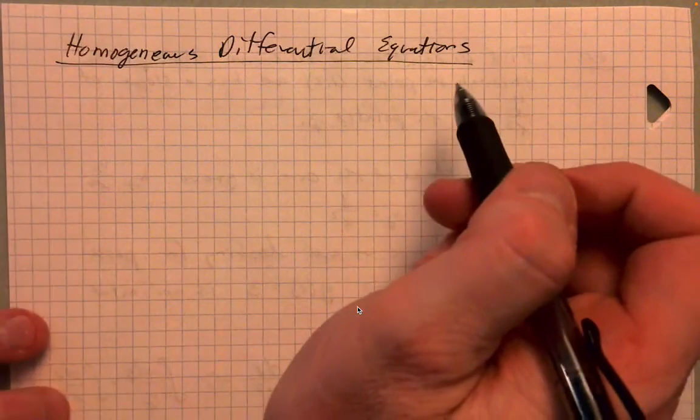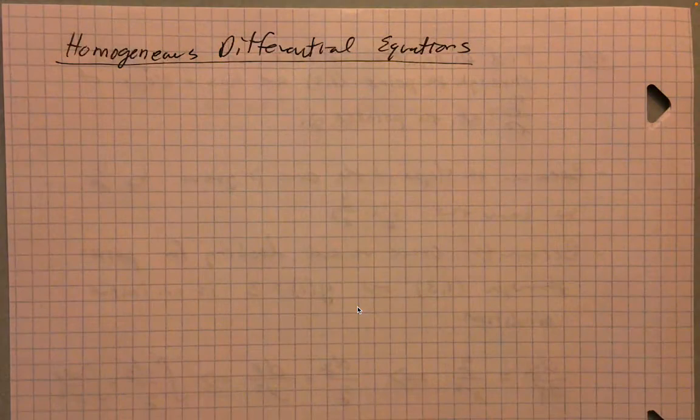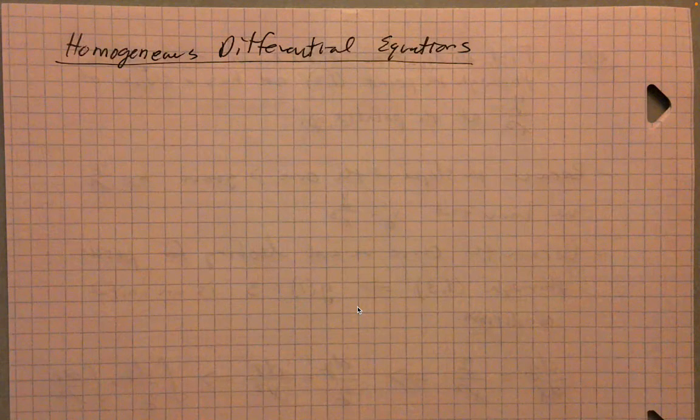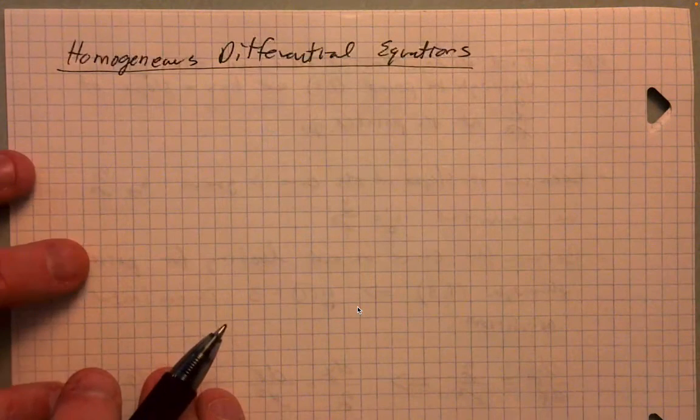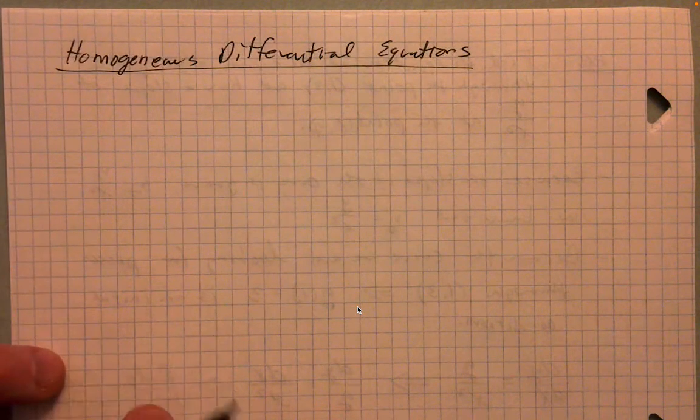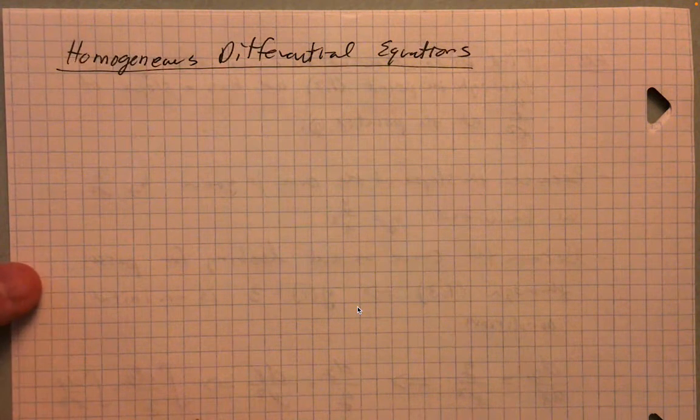All right. So some differential equations may not be separable in terms of x and y. Right. So sometimes you'll get a differential equation and there's no way to separate x and y. But there are tricks we can do to make them separable. Right. So we may be able to change variables and create a separable differential equation.